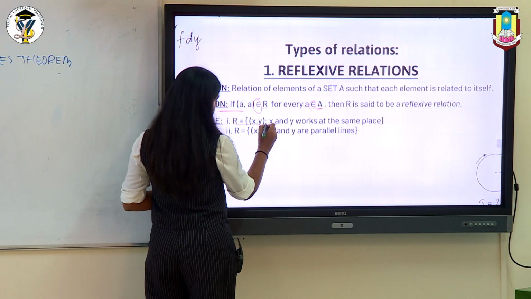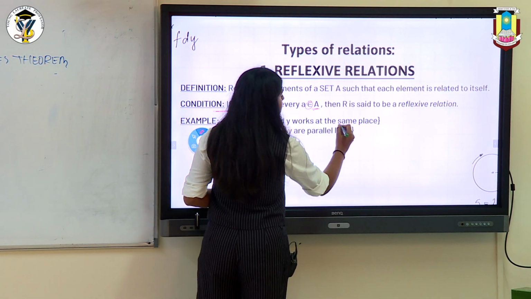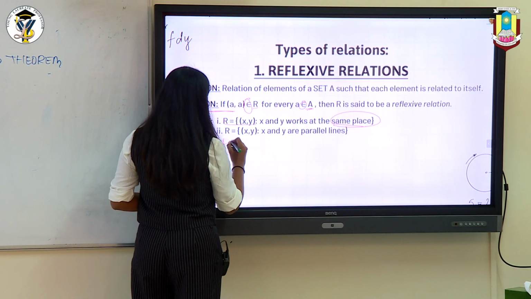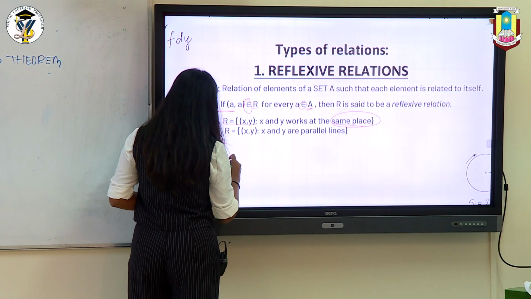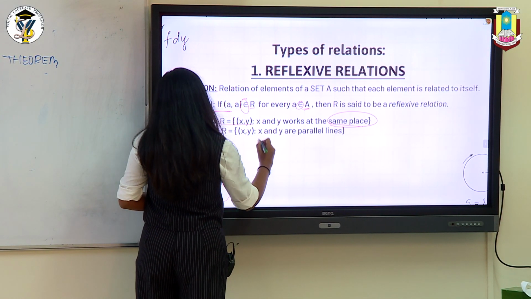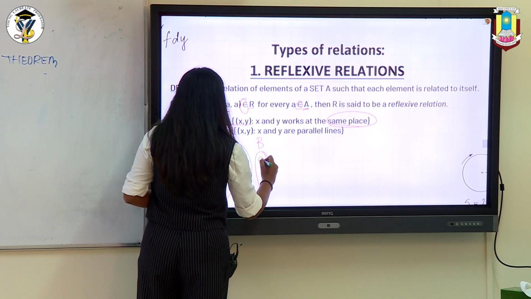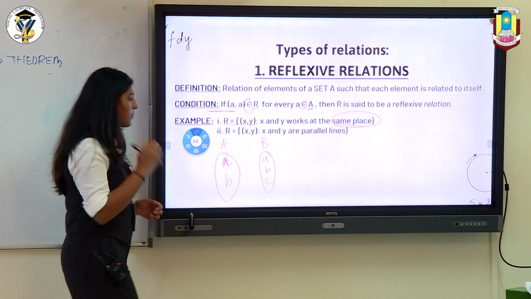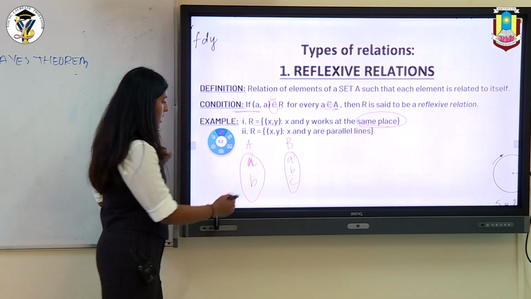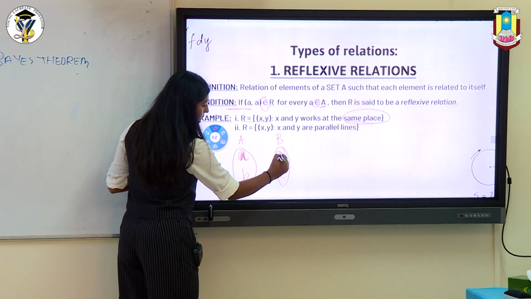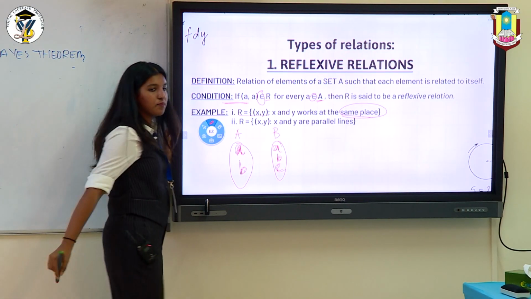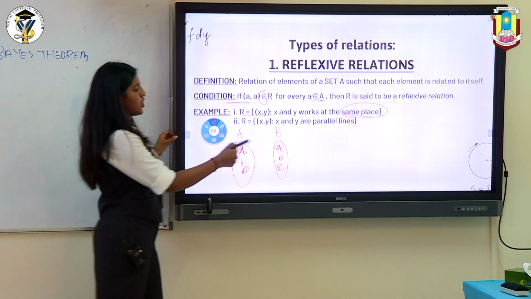R equals (x, y) such that x and y work at the same organization or same place. Let me take two sample sets, A and B. Set A has A, B and set B has A, B and C. So this is set A, this is set B. This is the same person A here, this is the same person B here, but C is an extra in set B. Now what is the condition that we have here?